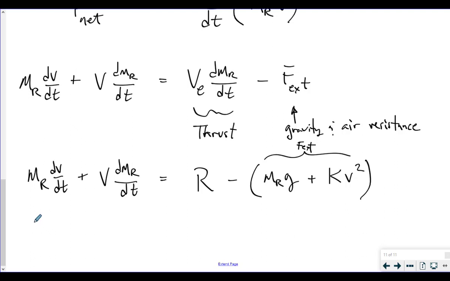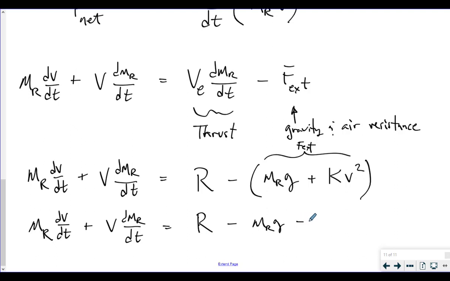We write it one more time. This is mass of the rocket, change in velocity over time, and the velocity, and the change in the mass of the rocket over time is equal to some thrust due to the rocket minus the weight of the rocket, another unit of force, but it's in an opposite direction to the thrust, and then minus some other term of force that's due to the air resistance.